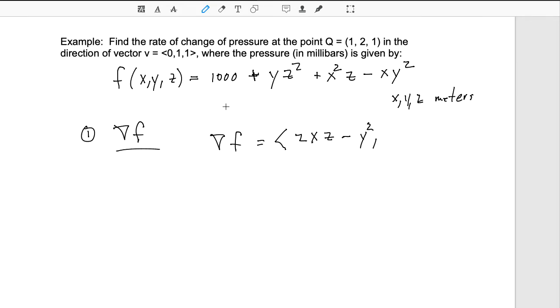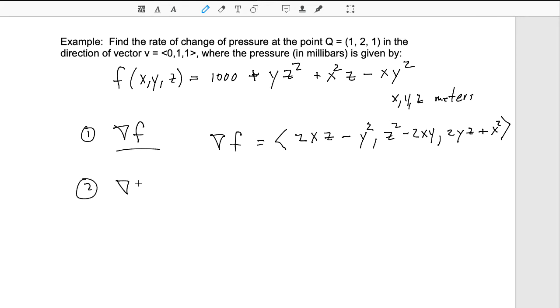With respect to y, nothing here, this is just z squared. This does not have a y, and this is minus 2xy. And then with respect to z, 2yz plus x squared.